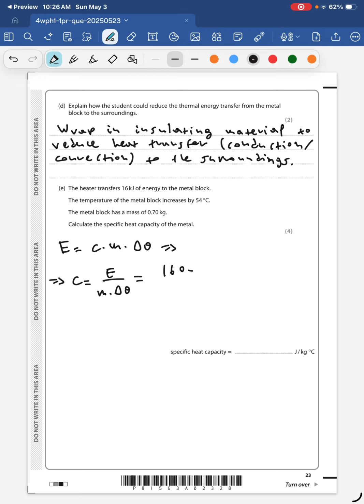So 16,000 over 0.7 times 54, and the units are joules per kilogram per degree Celsius. So this yields 420 joules per kilogram per degree Celsius.